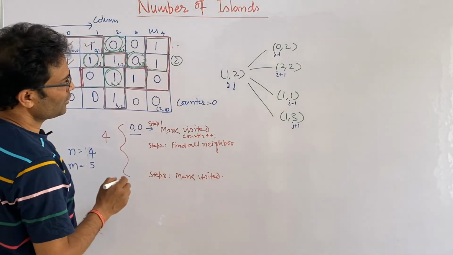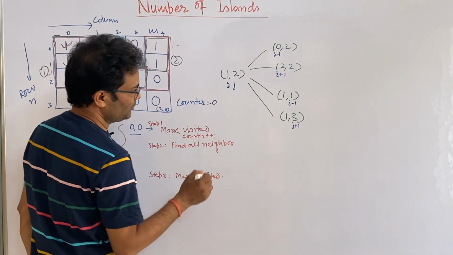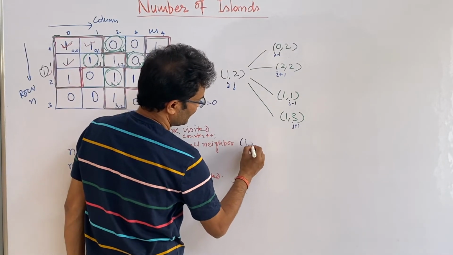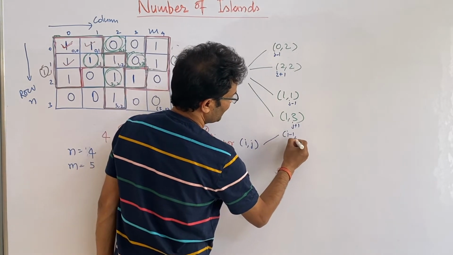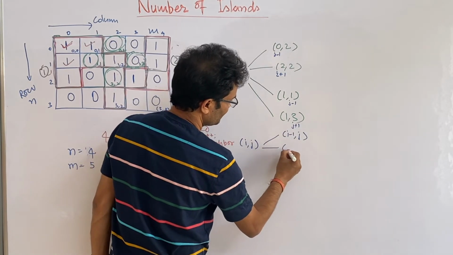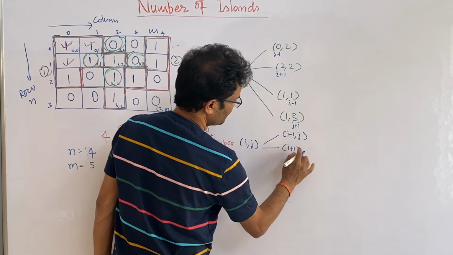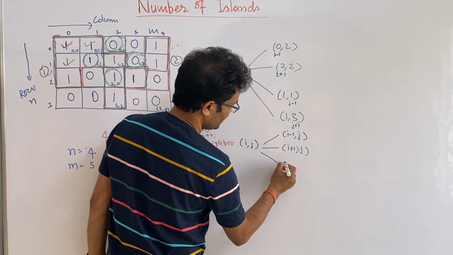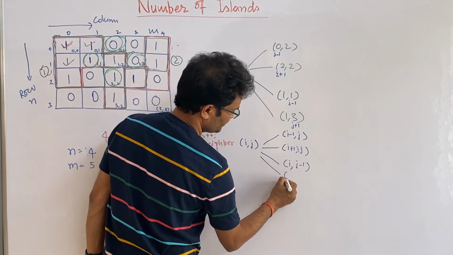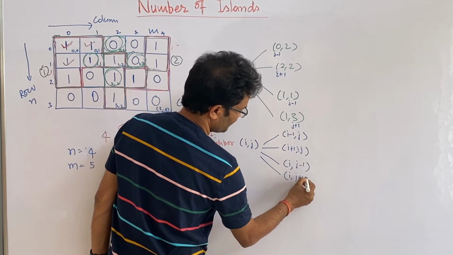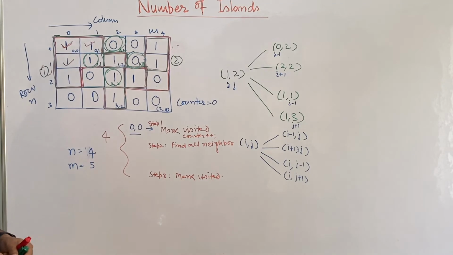So how to find all four elements? Simple. If you have i and j, then you do i minus 1, j; i plus 1, j; then no need to change i, j minus 1 and j plus 1. These four you have to do to find the neighbors, right?